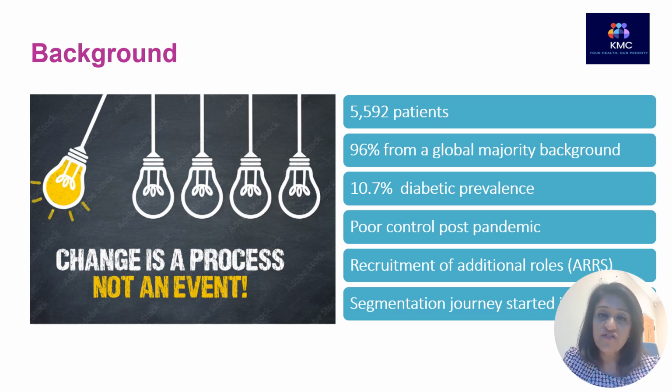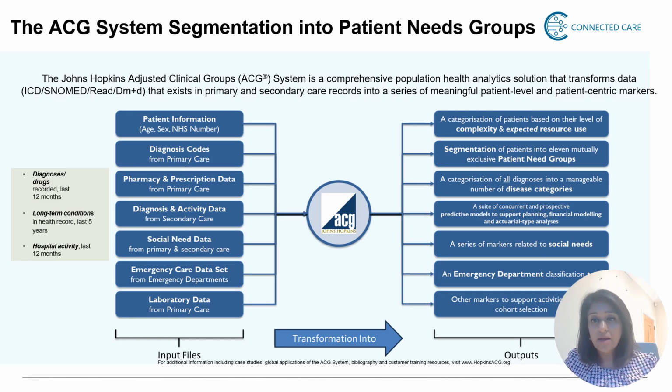So our segmentation journey really started in June 2021. As I'm aware, in Australia, many of you are fully aware of the Johns Hopkins segmentation tool, and we started to use the patient need group with understanding of the complexity of our patients at every triage point within primary care, with reactive care, but also within proactive care.